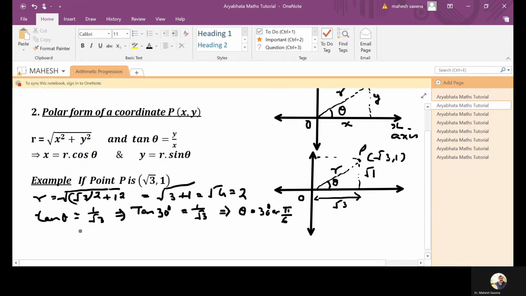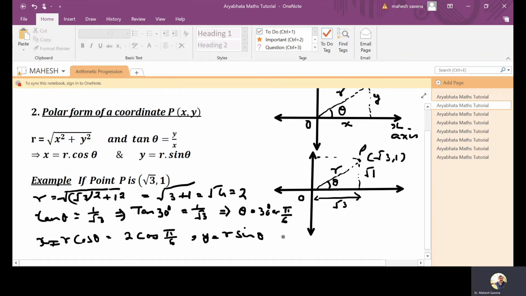Therefore, the polar coordinate of this point P will be x is equal to r cos theta, that is 2 cos pi by 6, and y is equal to r sin theta, equal to 2 sin pi by 6.